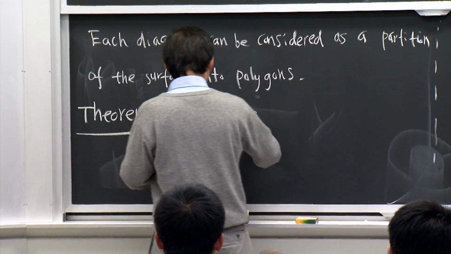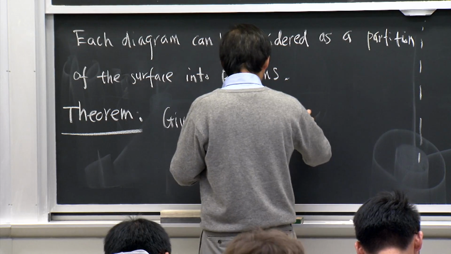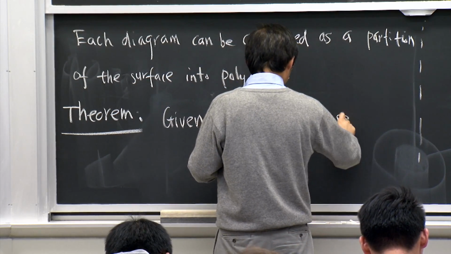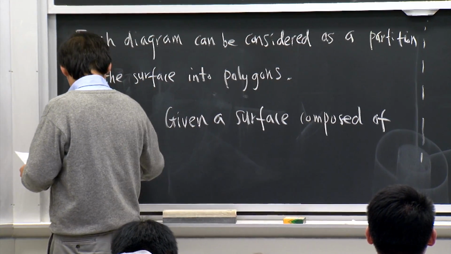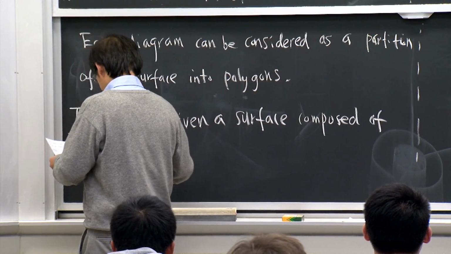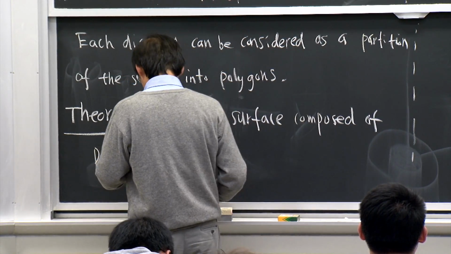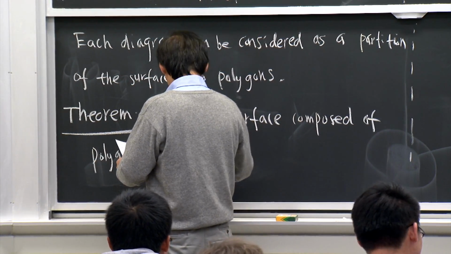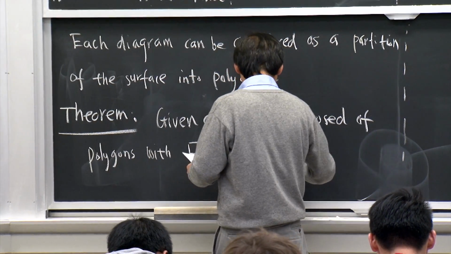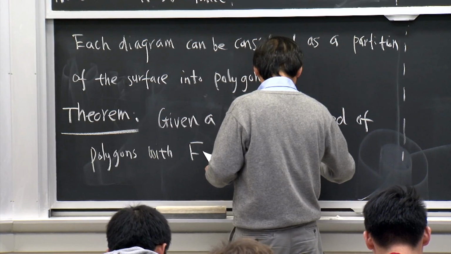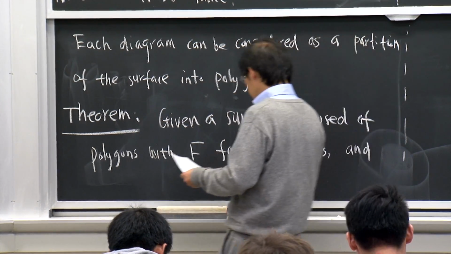Given a surface composed of polygons, if you're not familiar with this, you can go to Wikipedia, with F faces, E edges, and V vertices.